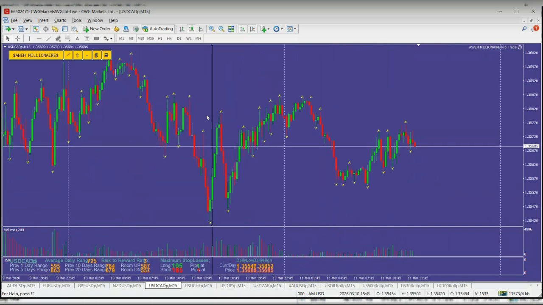Switch to the 15-minute time frame, draw in our levels that are of relevance. So relevant levels, these ones are no longer relevant. Same with this one over here, not relevant anymore.